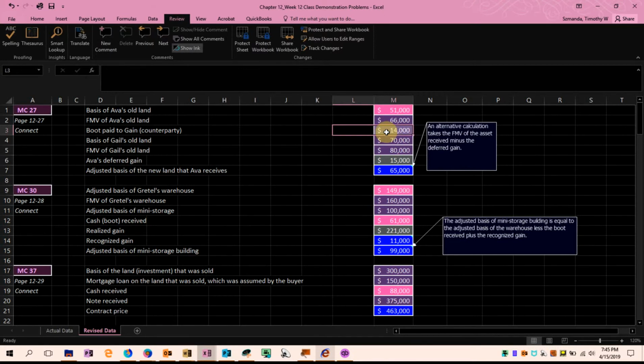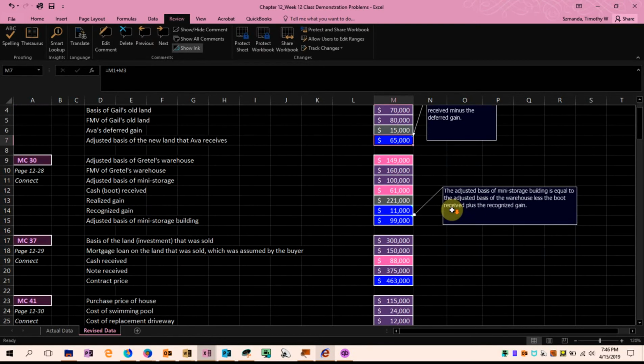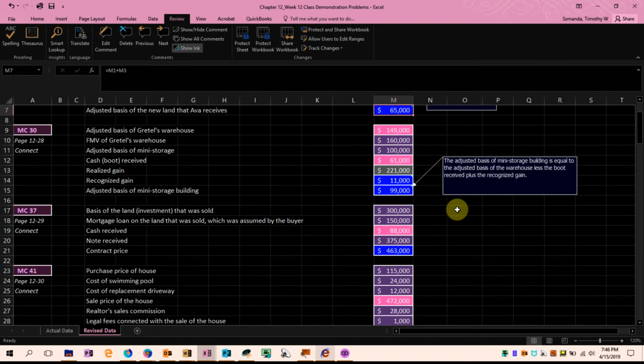However, it will add to her basis. So Ava's adjusted basis is just the $51,000 using my numbers, plus the boot that she paid to Gail, the other party. So her basis is $65,000 using my numbers. And feel free to replay these as often as necessary to make them more clear, if need be.